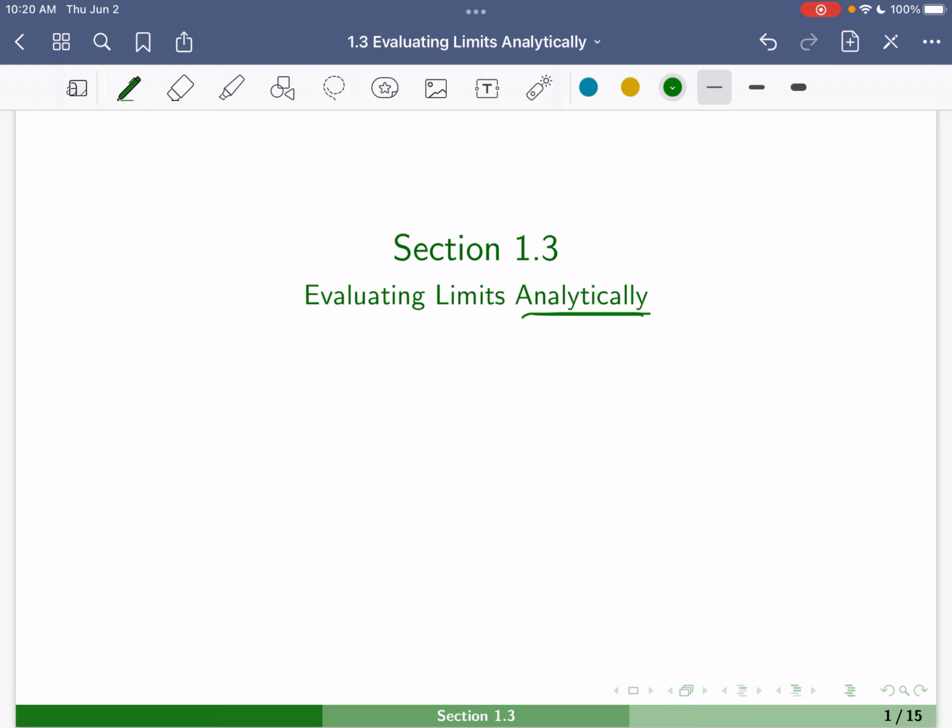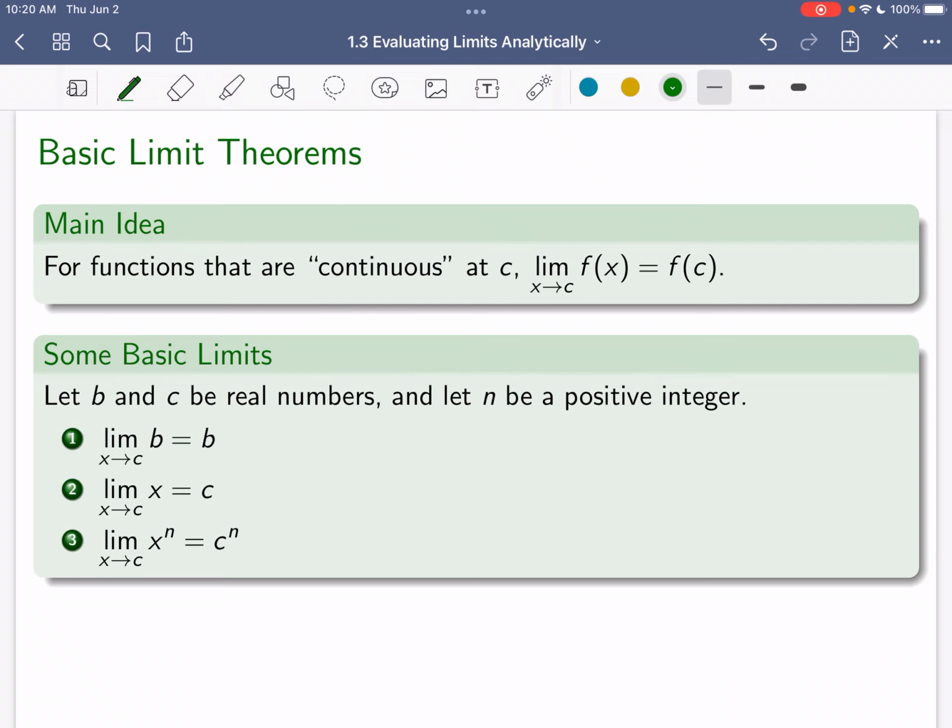So for functions that are continuous at c, and when we say a function is continuous, we will define what that means later. But for functions that are continuous at c, the limit as x approaches c of f of x is equal to the function value at c itself, which is really nice.